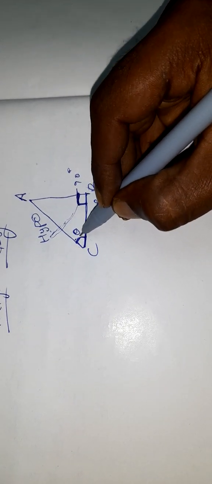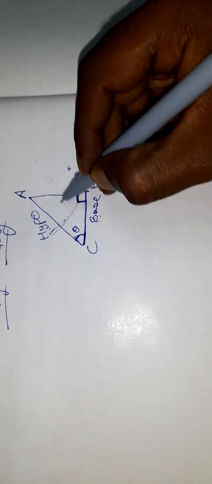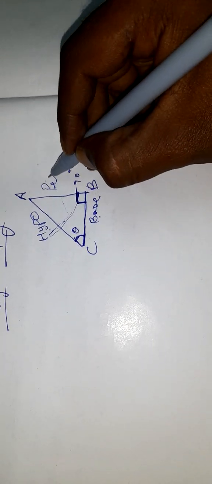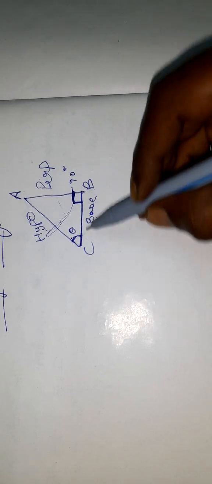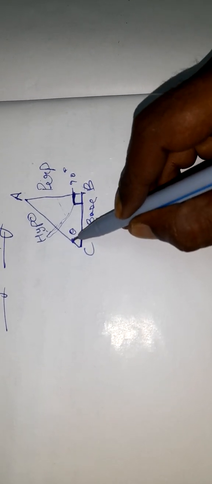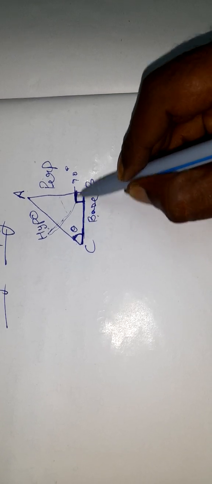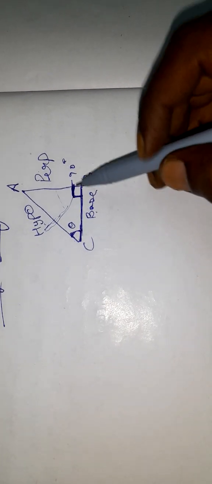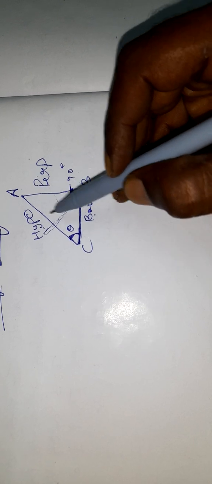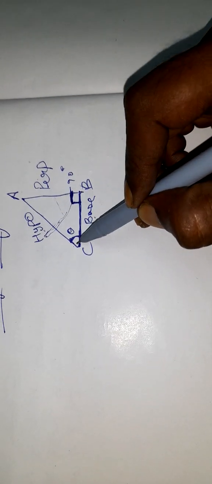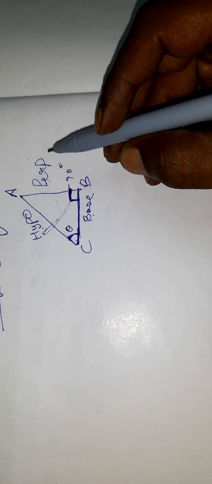Opposite to the theta angle, this side is always the perpendicular. And the side at which theta rests is the base, with respect to the 90 degree angle.